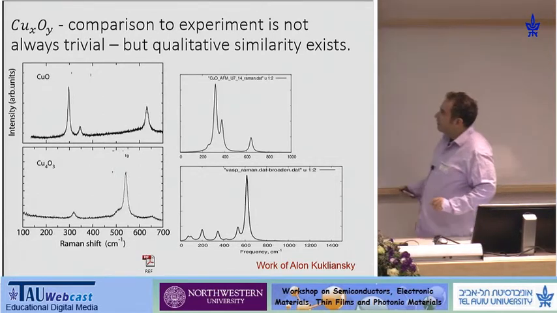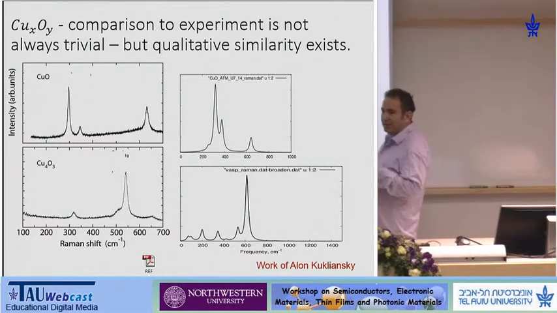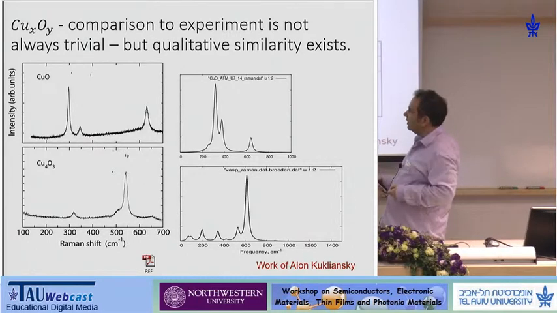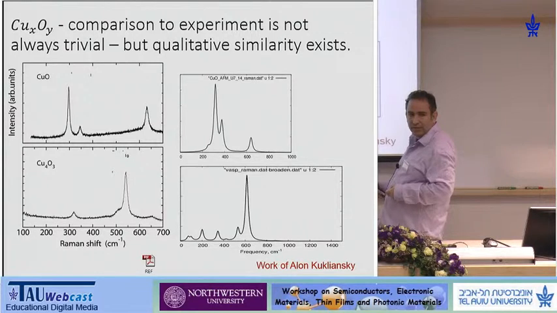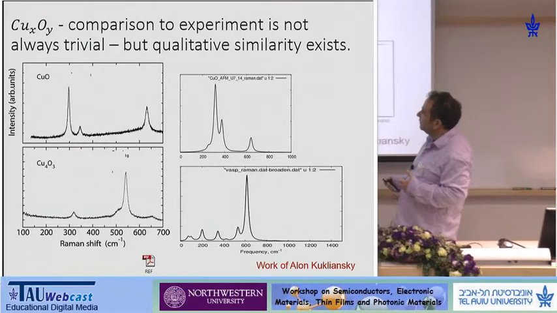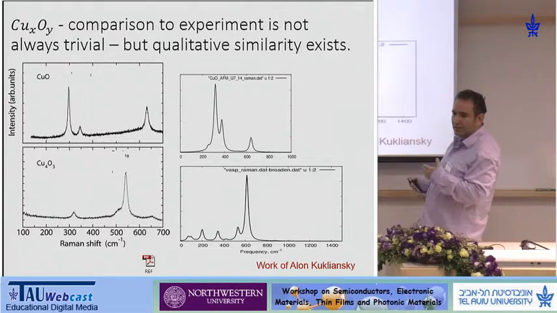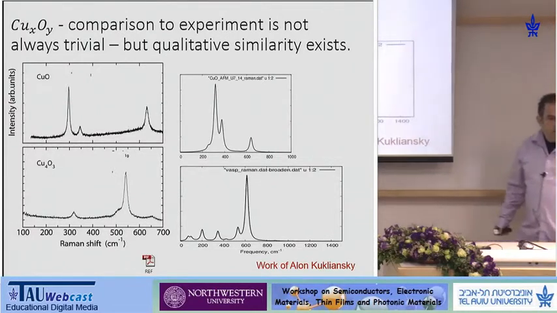So initially we were interested in making discrimination between different phases of copper oxide and the copper-magnesium possible compound. But at some point we became interested in this peak, which is only in copper oxide.